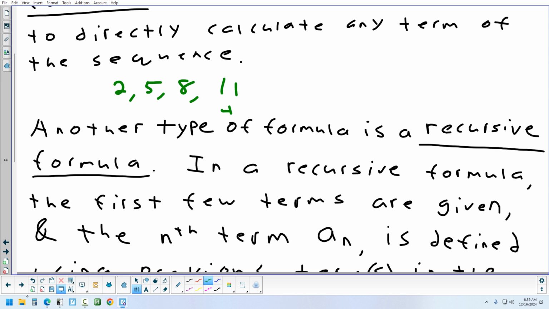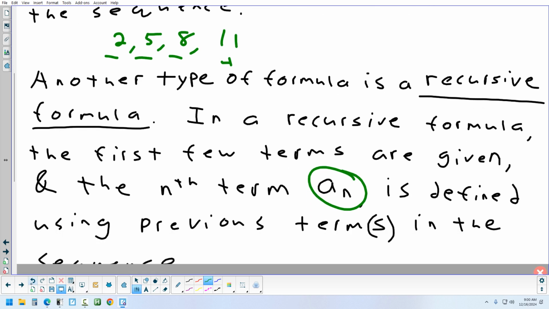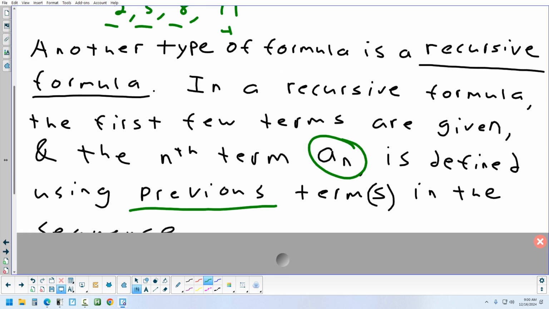The way a recursive formula works is I give you the first couple. Generally, it'll be at least 3 or 4. And then the term that you want to find is figured out by looking at the one that came before it. Not the best way to write a formula.